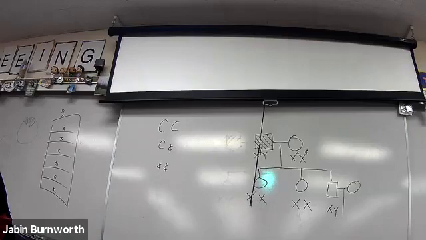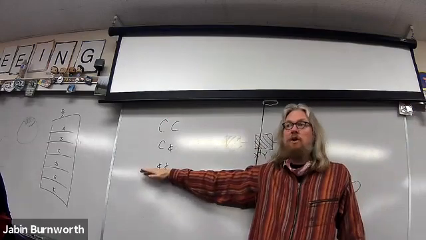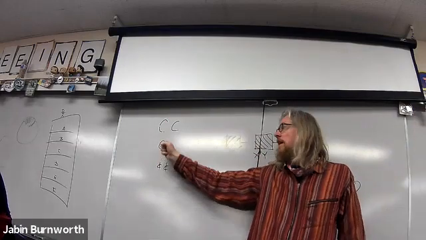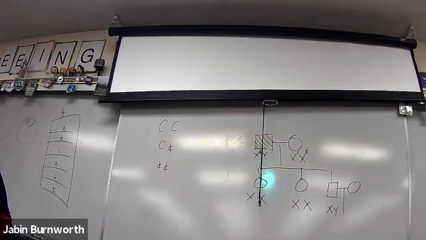Homozygous, and what's big C? Homozygous what? Dominant, right? Because I got a big and a big. What's the opposite? It's little, right? So that's homozygous recessive. If I've got a big and a little together, that's heterozygous, right? Okay, so homozygous is same, heterozygous is different.